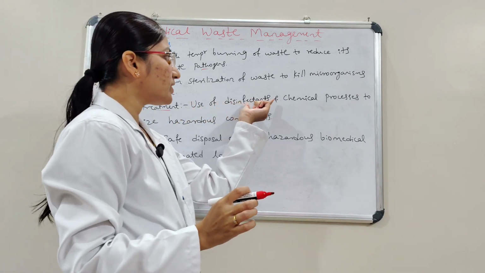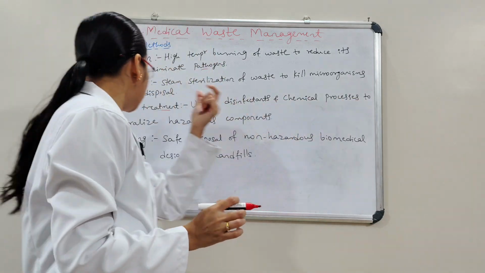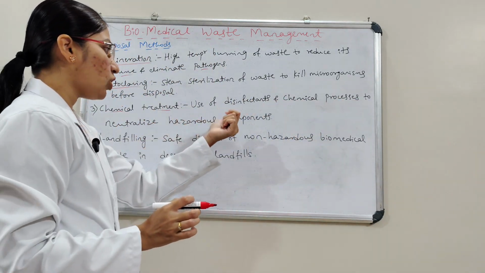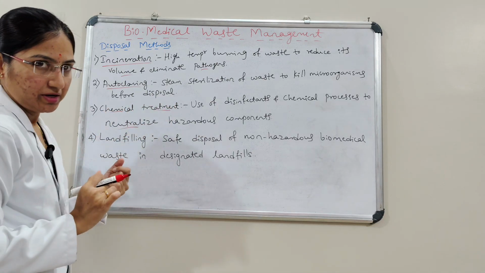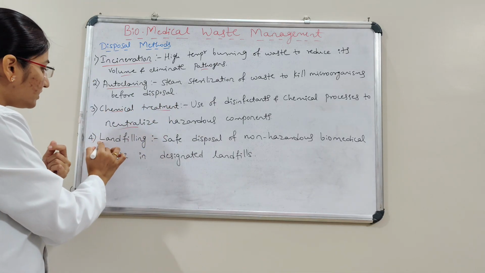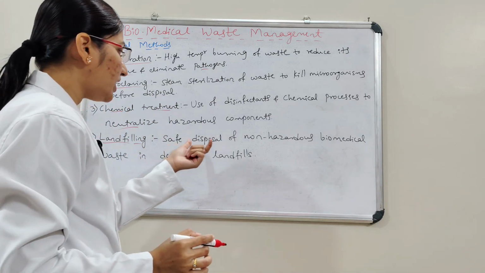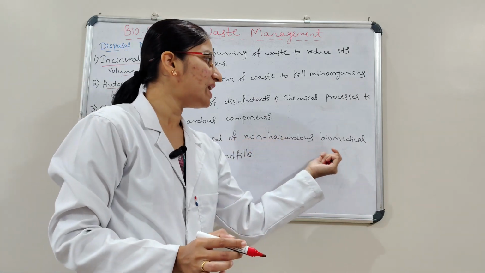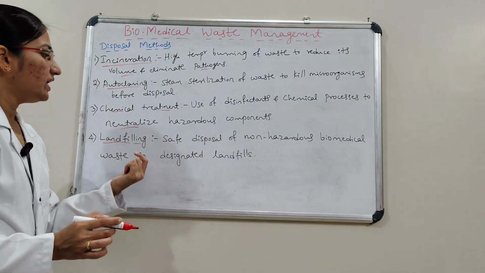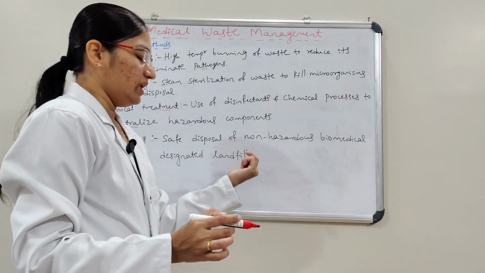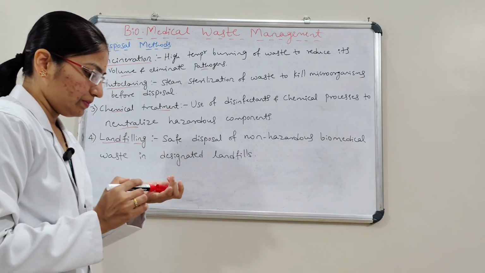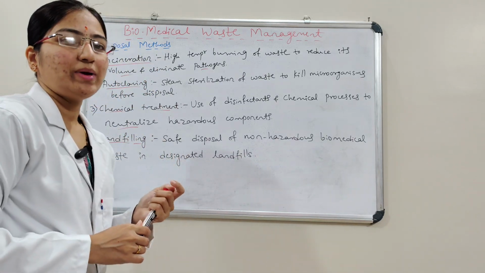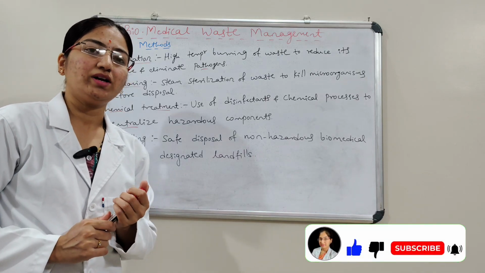Here use of disinfectants and chemical processes to neutralize hazardous components. And then comes the fourth one, that is landfilling. Here safe disposal of non-hazardous biomedical waste in designated landfills. These are the disposal methods of biomedical waste.